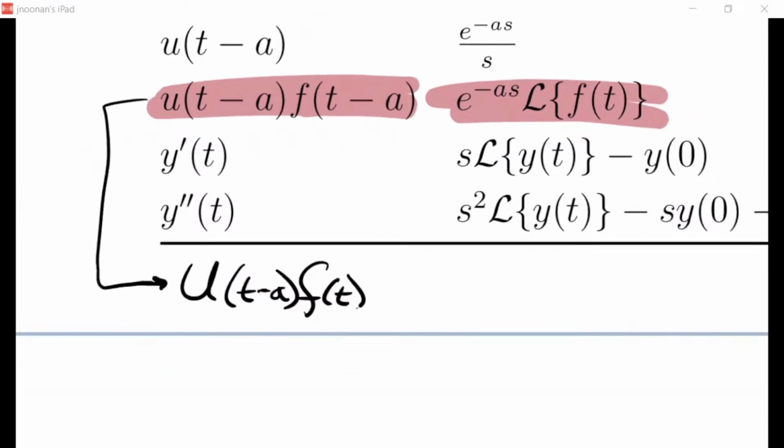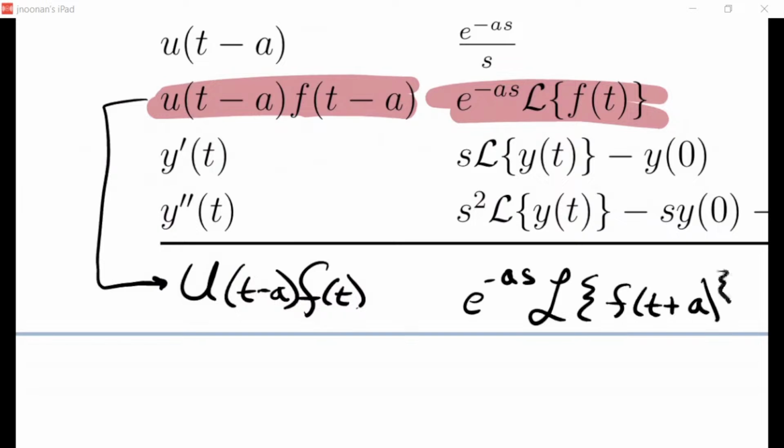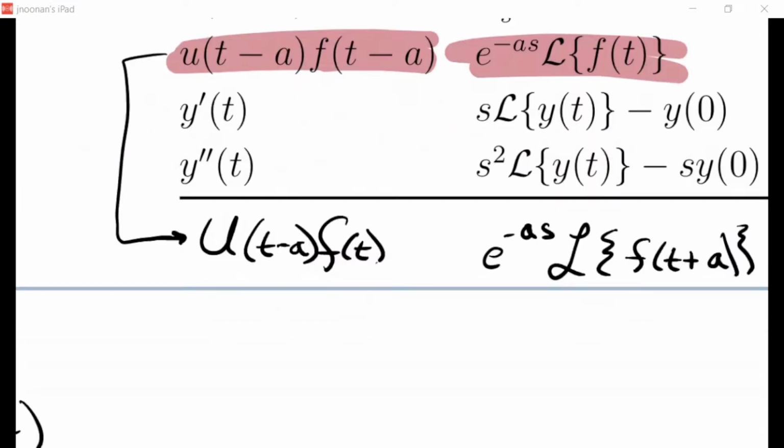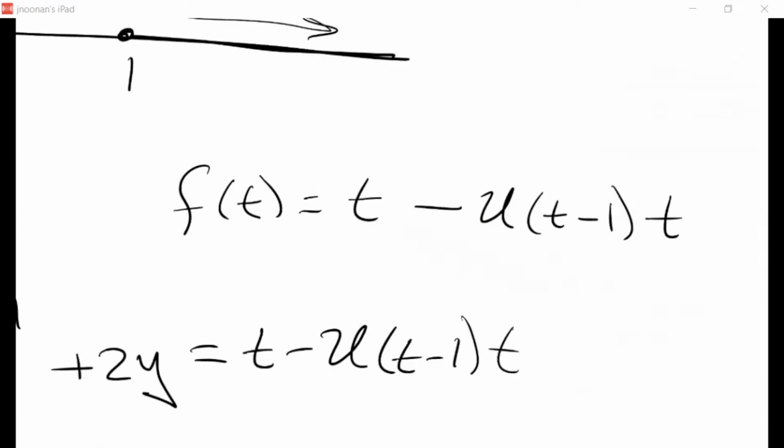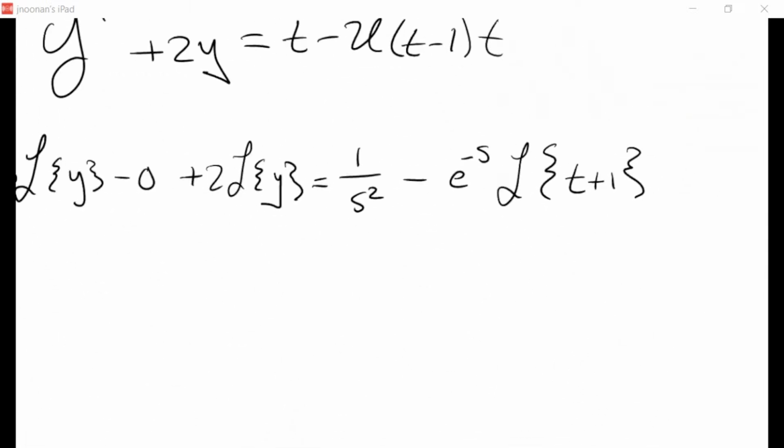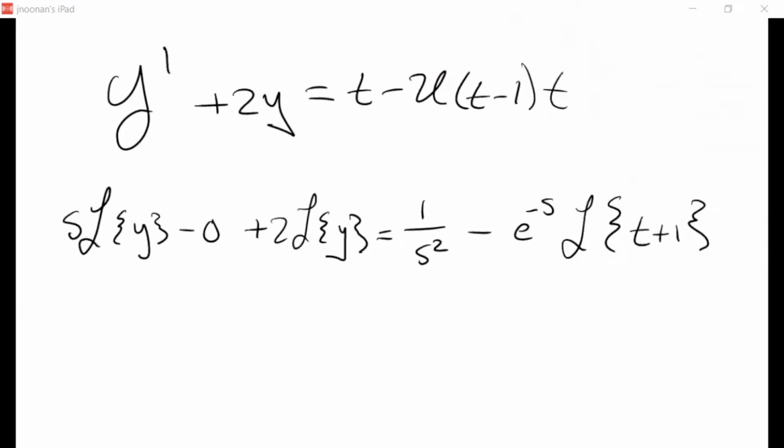If you have that, then this is going to be e to the negative as times the Laplace transform of f of t plus a. That just corrects for the fact that you don't have a t minus a inside the function here. So you have to shift. It has to shift somewhere, and so there's where it shifts. Anyway, getting back down to here, that's why that turns into this.